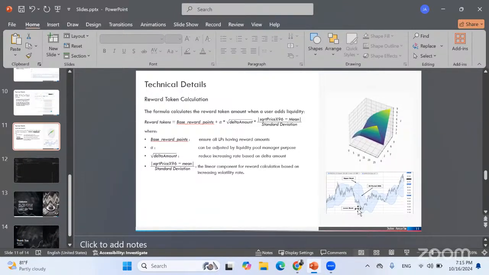So if we want LPs to add liquidity to the pool, we need to reward them with reward tokens, and the alpha can be adjusted for the purpose. Maybe alpha can be increased to incentivize LPs to add liquidity to the pool.